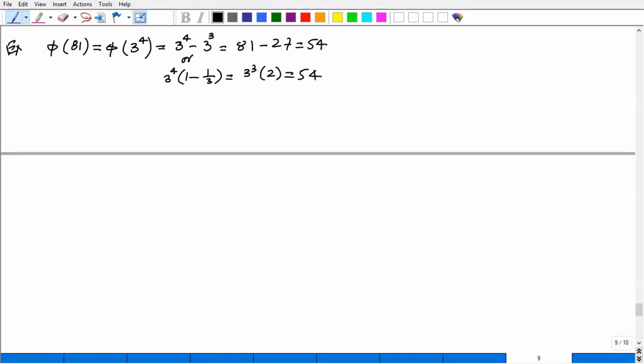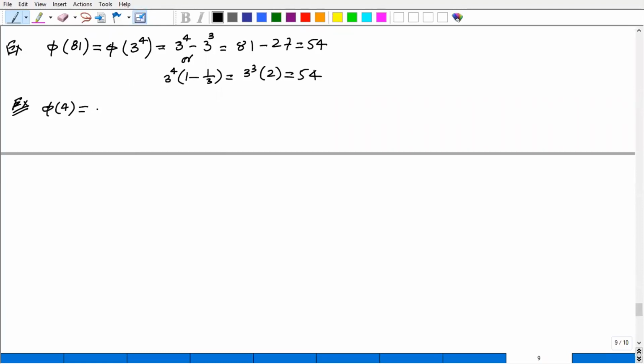Before going to more examples, let me give an example that shows that phi is a multiplicative function. For example, we take phi of 4.